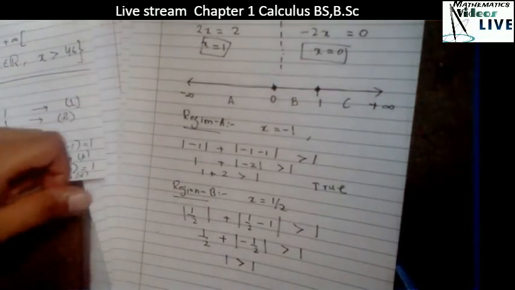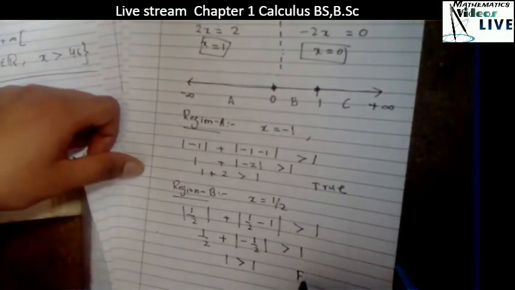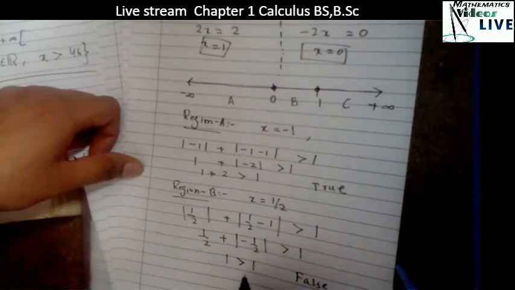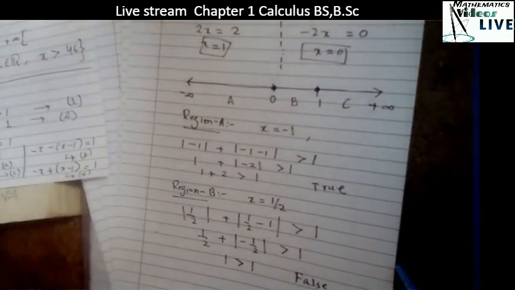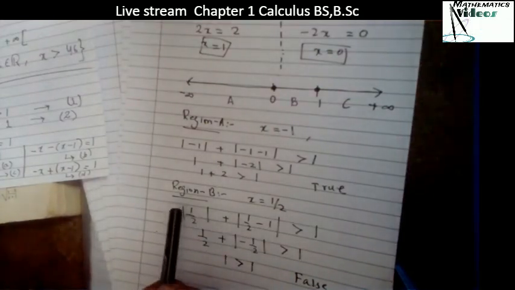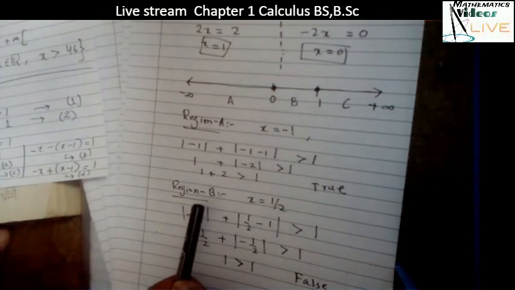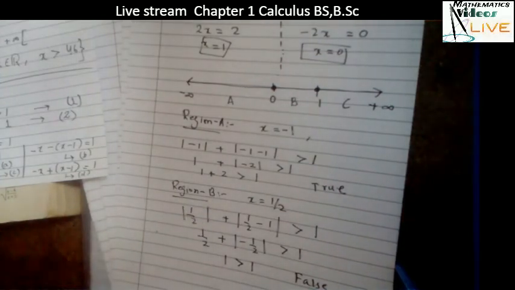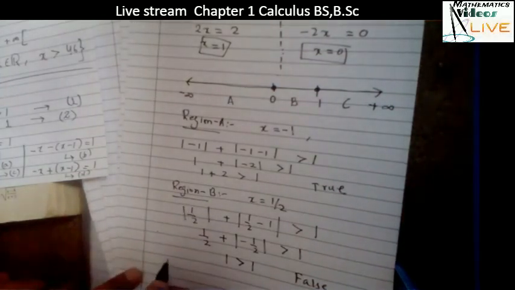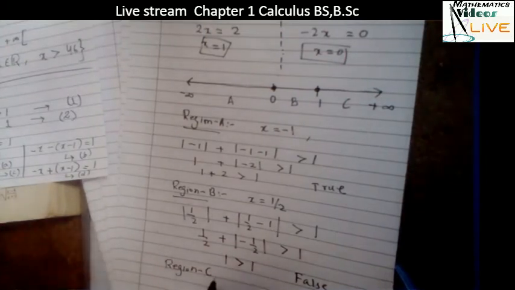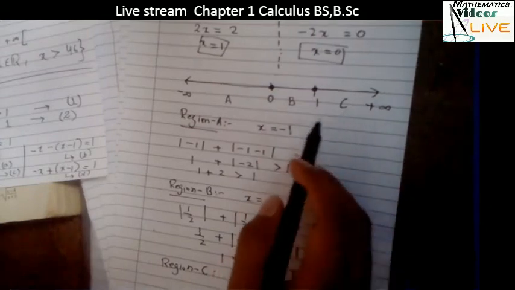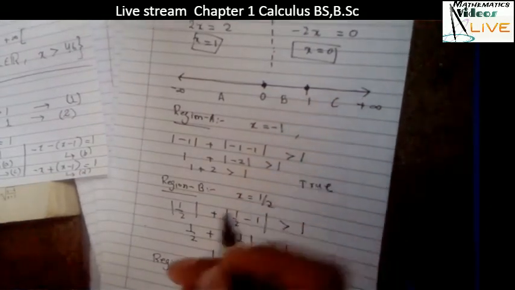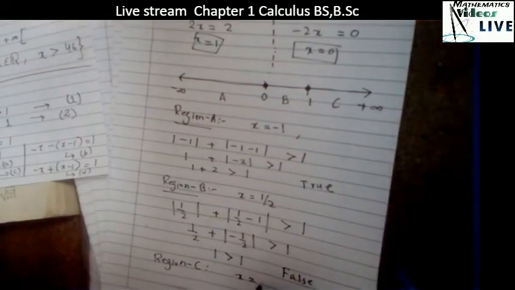When you put x is equal to 1 by 2 in the given inequality, it will become the absolute value of 1 by 2 plus the absolute value of 1 by 2 minus 1 is greater than 1, and this is 1 by 2 plus the absolute value of minus 1 by 2 is greater than 1.